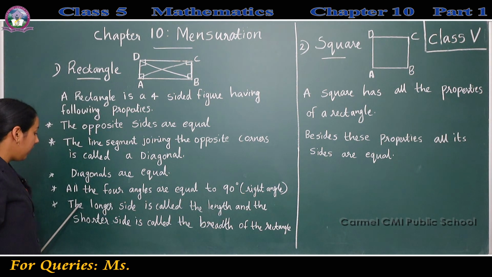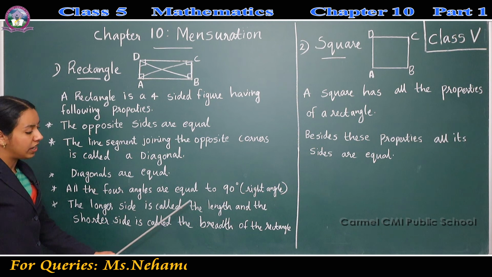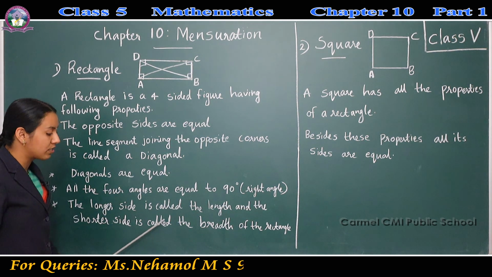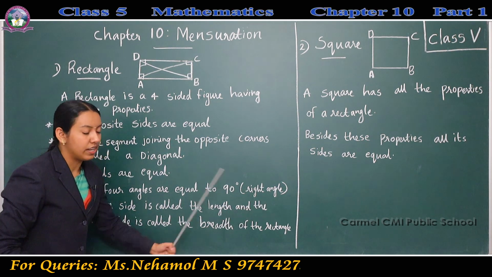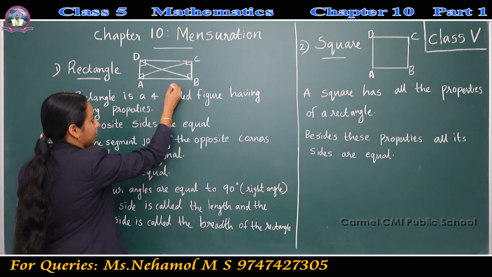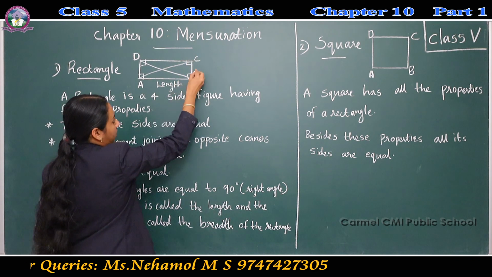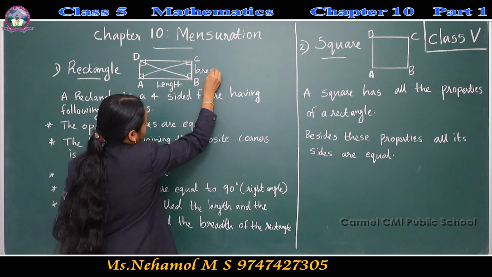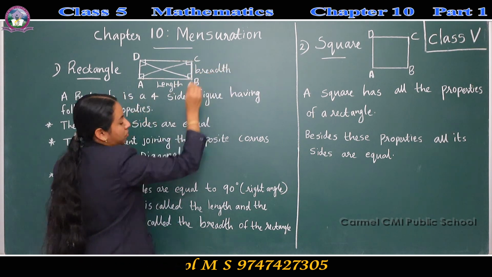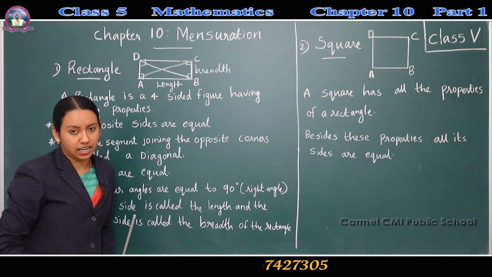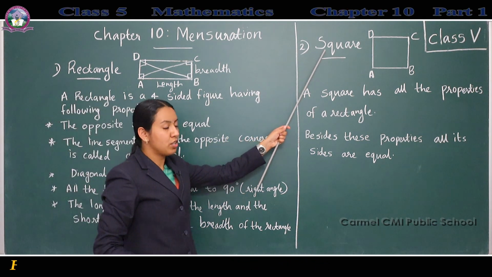Then next property, the longer side is called length and the shorter side is called breadth of the rectangle.